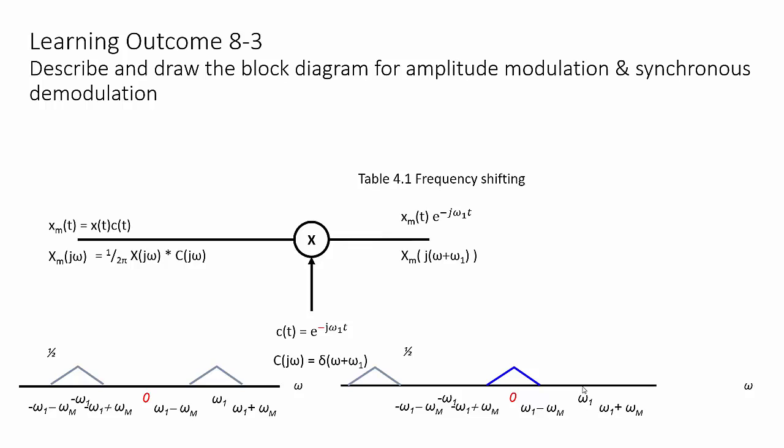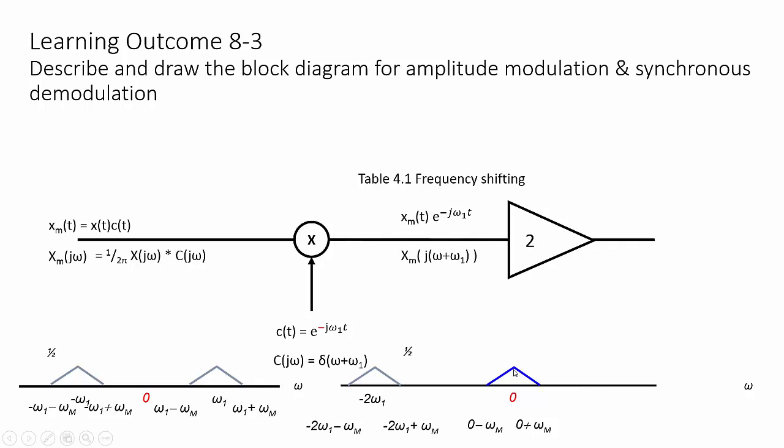Again, we need to relabel all our frequencies. Everything is decreased by omega 1. And when we note that the amplitude is 1/2, we know that we need to give it a gain of 2, which will now mean our signal has the desired amplitude of 1.